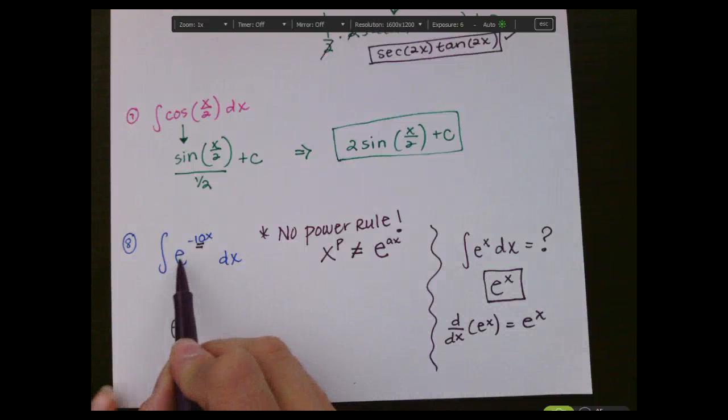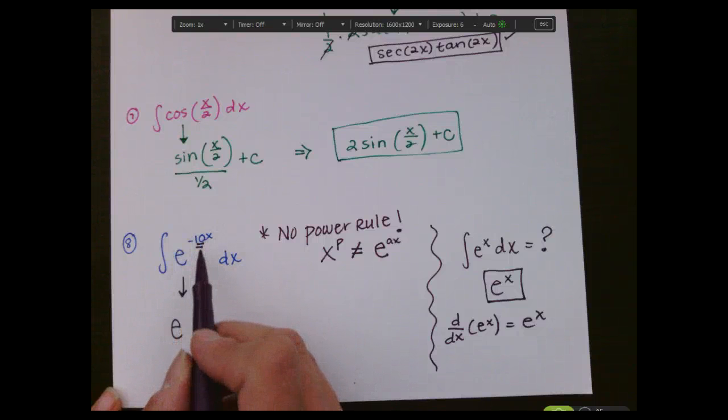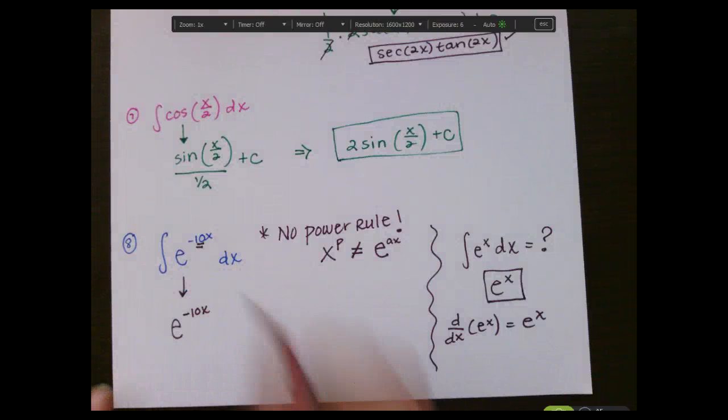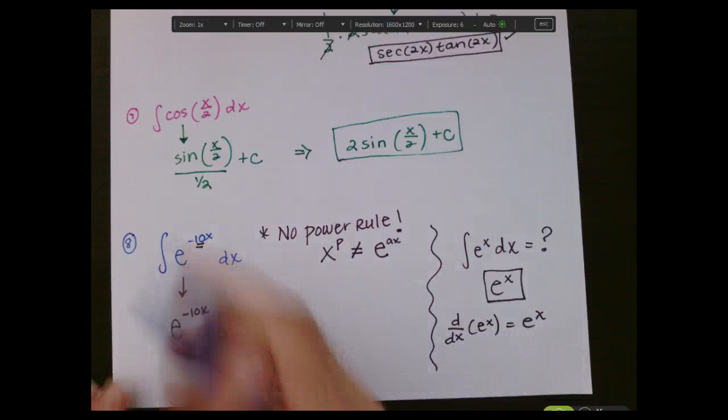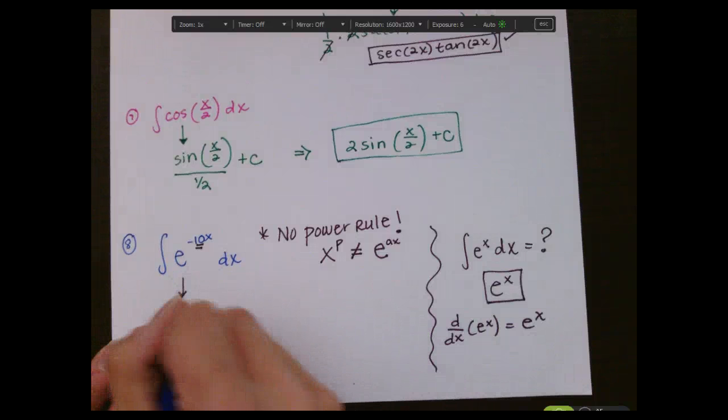So think about taking the antiderivative of e to the regular x, and you'd get e to the x. So when you take the antiderivative of e to the negative 10x, think about how you're going to adjust for that constant. Well, if you were to take the derivative, you'd have to then multiply this by negative 10 because of the chain rule.